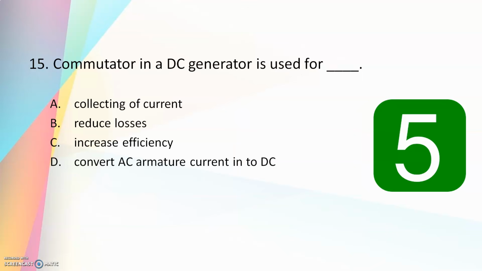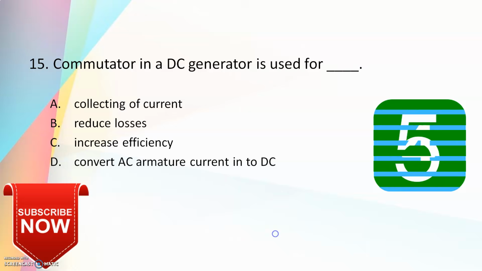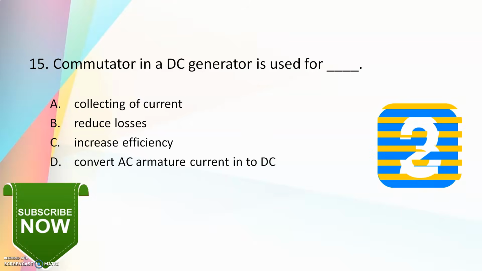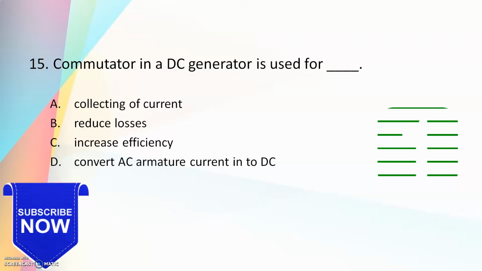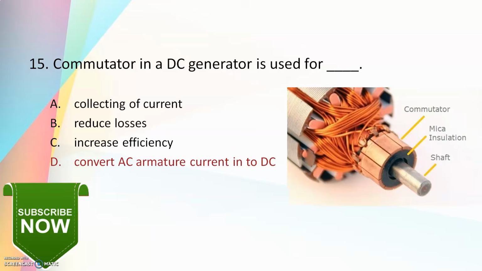Commutator in a DC generator is used for collecting of current, reduce losses, increase efficiency, or convert AC armature current into DC. Yes, that was an easy question because I have already discussed it converts our AC armature current into DC in a DC generator.